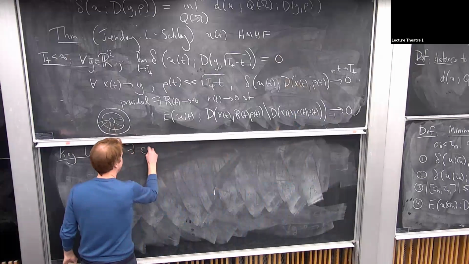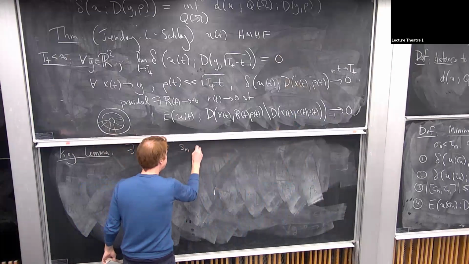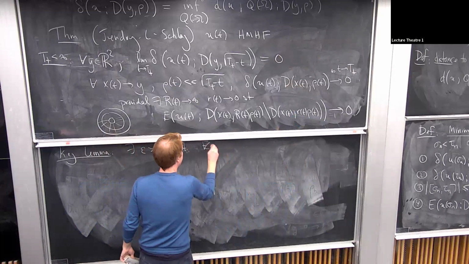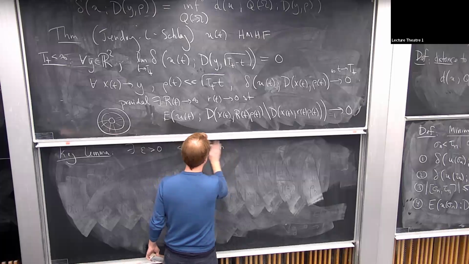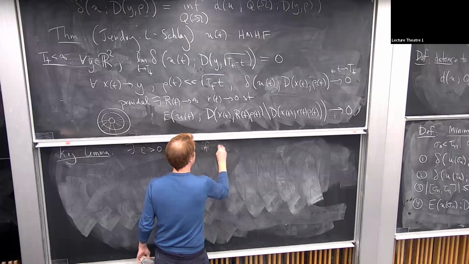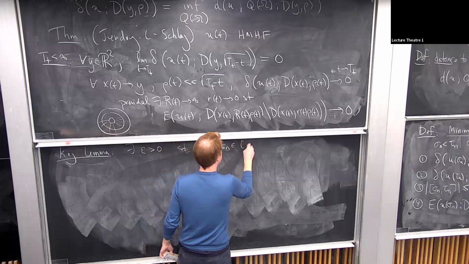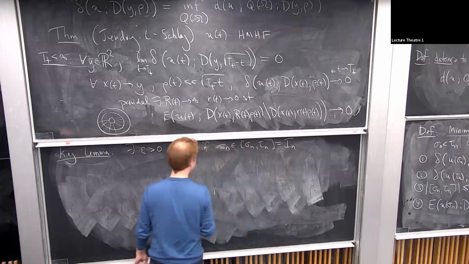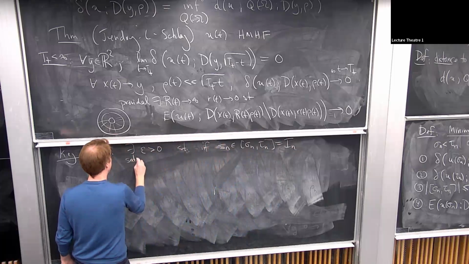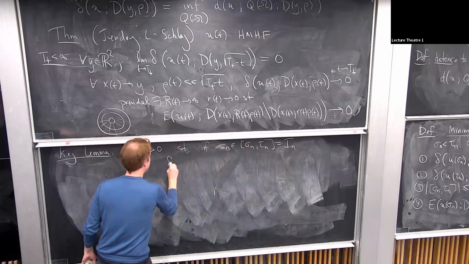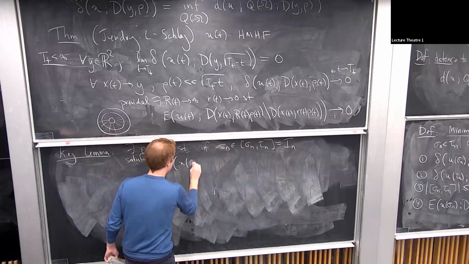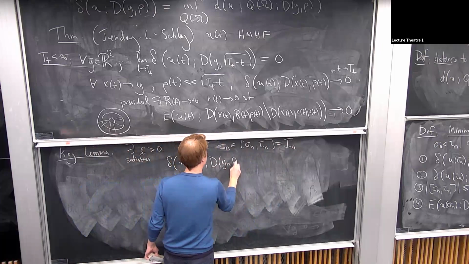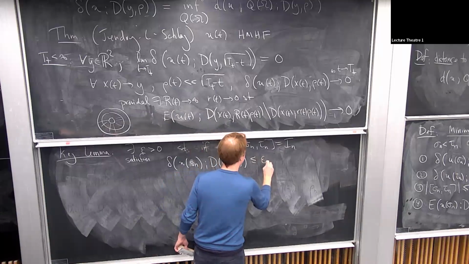Then there exists an epsilon bigger than 0 such that for every time Sn inside sigma n, tau n, I'll call these intervals, if Sn satisfies that my distance to multi-bubble configuration at time Sn is less than or equal to epsilon.